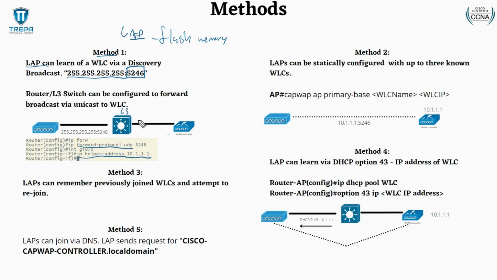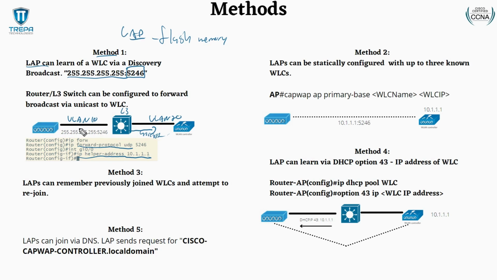So let's say this layer 3 switch sits on, let's say VLAN 10, this wireless access point, and this sits on VLAN 20, you can actually forward that broadcast to the wireless LAN controller and it'll send it via unicast. And then this wireless LAN controller will respond and it'll make that connection.